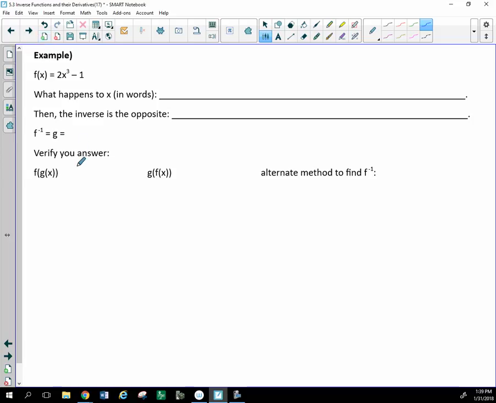All right, so then in words, I would like you guys to pause this and fill this out before you watch this part. It says what happens in words to x. First, x is cubed, then multiplied by 2, and then subtracting 1.